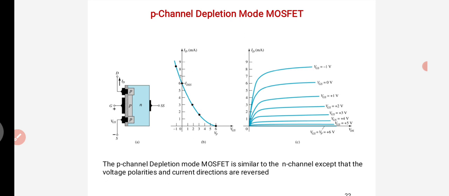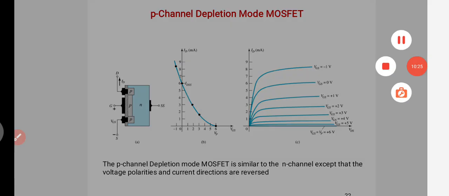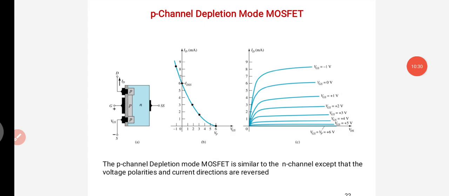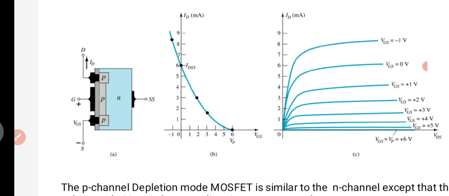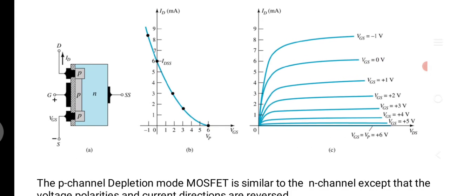Now consider P channel depletion mode operation. The construction of the P channel depletion mode MOSFET is similar to the N channel depletion mode MOSFET. The only difference is in the construction: here we consider an N-type substrate. For the PMOS transistor, the source and drain are heavily doped P regions.